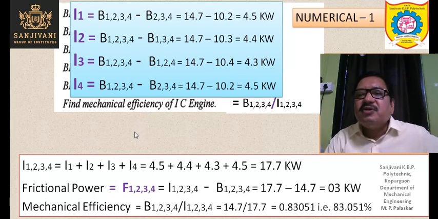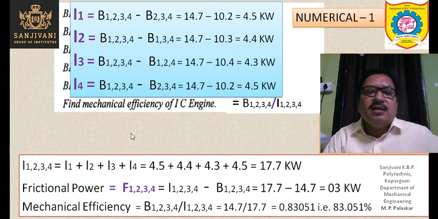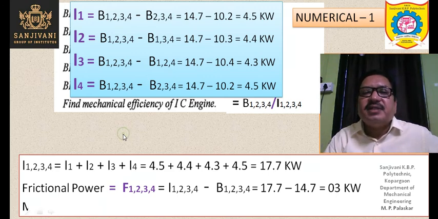So in this way we have solved the numerical on the Morse test. We have found out the frictional power and the mechanical efficiency.